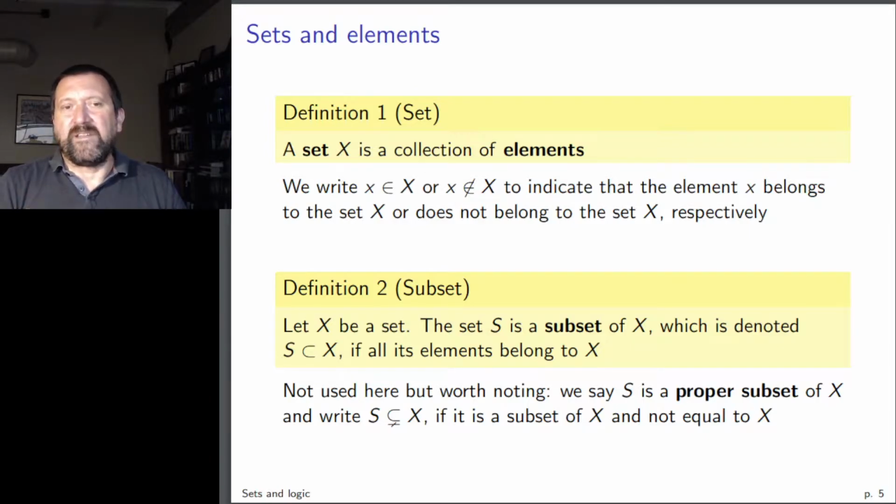And we say that an element belongs to a set if it is in the set. And the way we denote this is using this notation that we are going to use throughout. This means x belongs to capital X, whereas this one with the slash through it means x does not belong to the set.